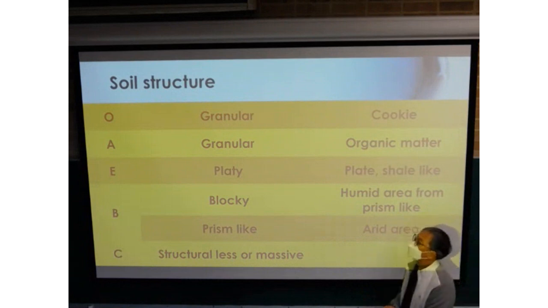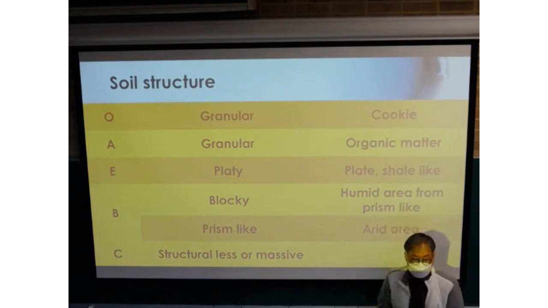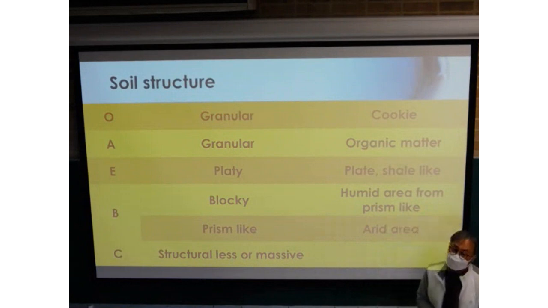Commonly, we find the granular type in the O horizon and A horizon, like an organic matter area. So granular is like a cookie shape. If you find lots of organic matter, then commonly there is a granular type. If you see granular soil structure, that means there is lots of organic matter.